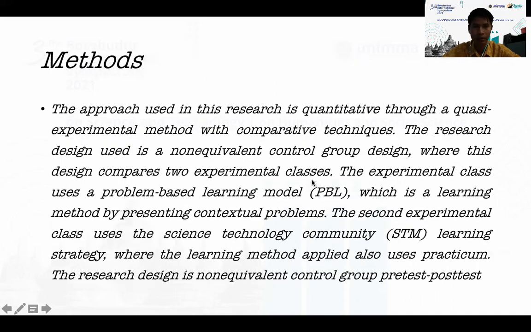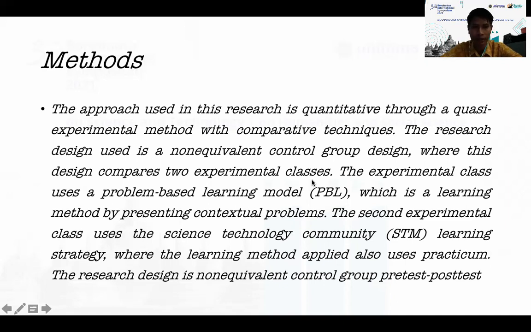Next, the methods. The approach used in this research is quantitative, with a quasi-experimental method and comparative technique. The research design used is the non-equivalent control group design, which compares experimental classes. The first experimental class uses a problem-based learning model, or PBL, which is a learning method presenting contextual problems.